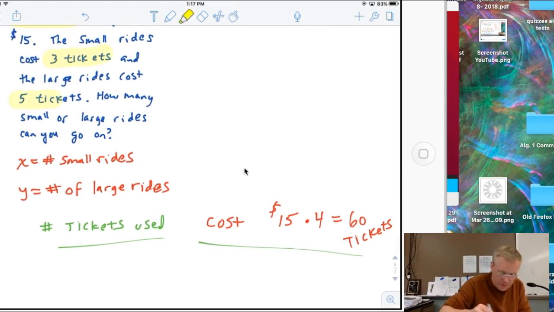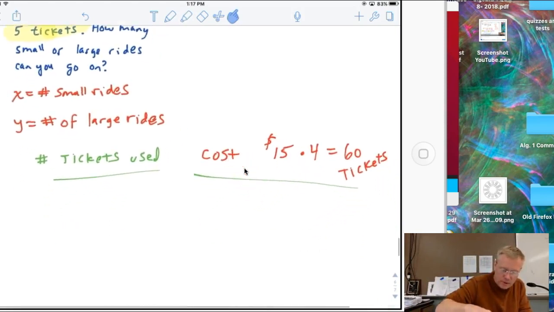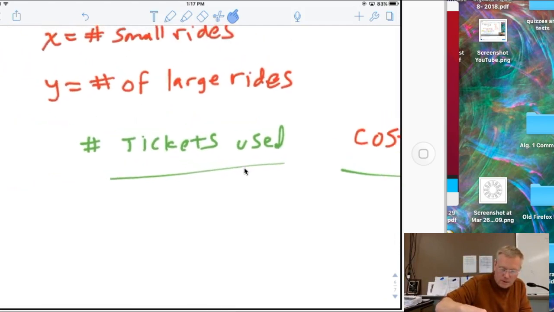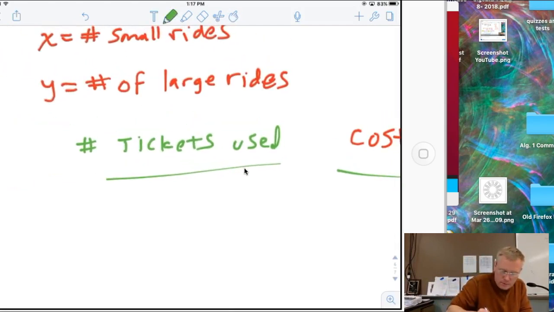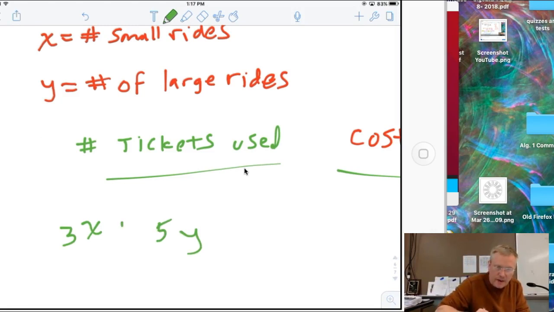Large rides are 5 tickets each. So if x is the number of small rides, each one costs 3 tickets. Large rides cost 5 tickets, and if I add those two things together, it'll tell me how many tickets altogether I used. And on the right, I've only got 60 tickets.